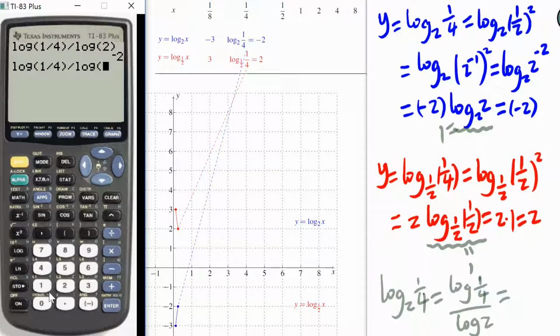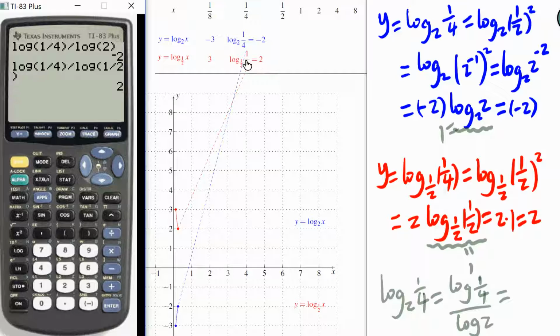So we divide by log of 1 divided by 2. We hit enter, we got positive 2. So this is how we got this value 2 by using a calculator. Now we know how to calculate this value and this value.